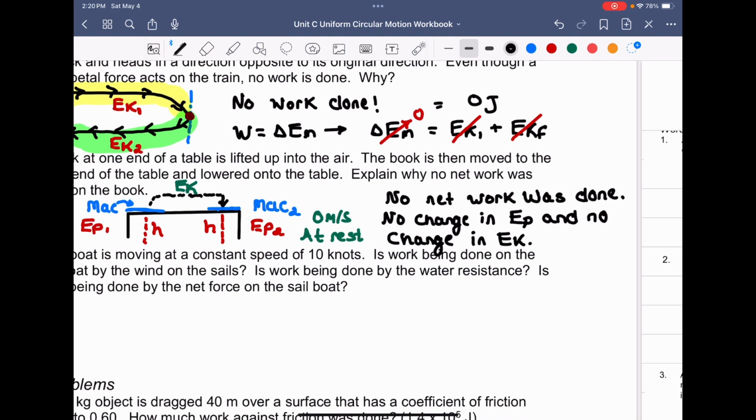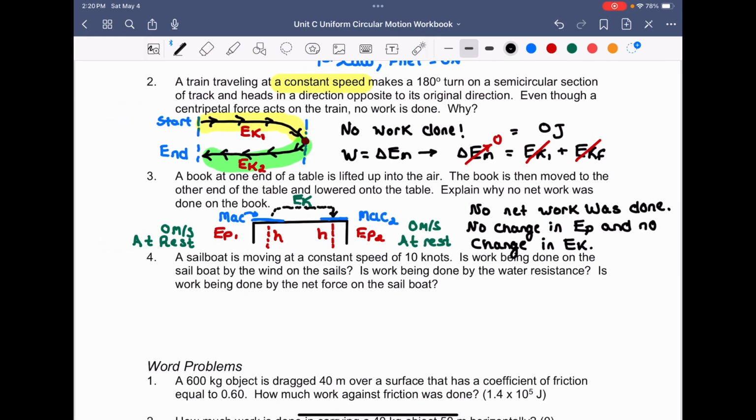Which we know that's the case, right? When we looked at the definition of work in our notes, even go back a couple pages, if there's no change in the overall mechanical energy, or individually there's no change in the kinetic energy or change in the potential energy, there's no work done.